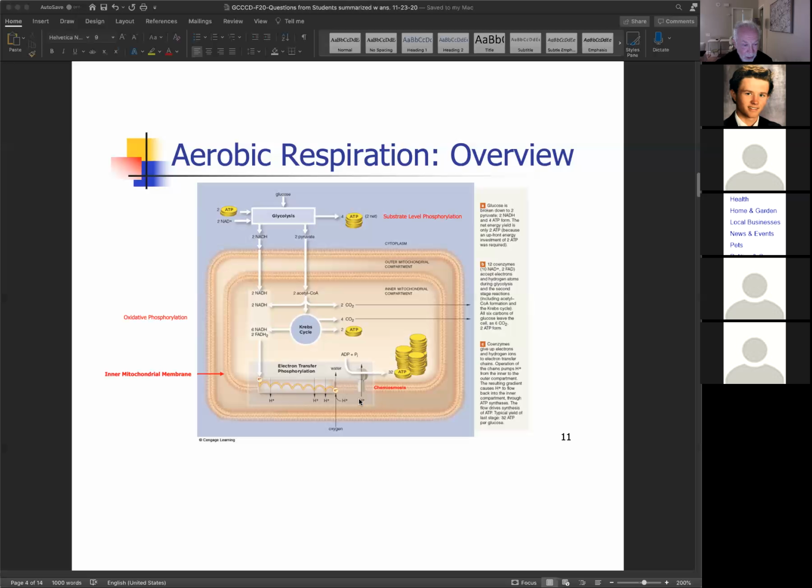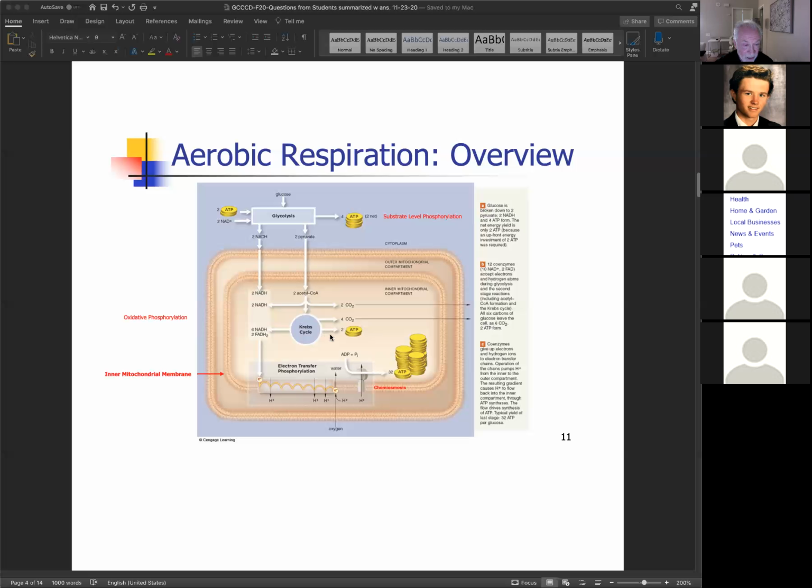So again, you have ATP synthase generating ATP, and it generates a lot of it because a lot of electron carriers are generated from glycolysis. Now the pyruvates are converted to a molecule called acetyl-CoA, and that's the first step in the Krebs cycle.